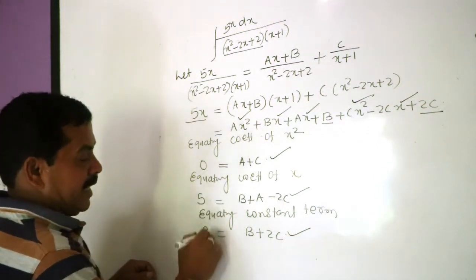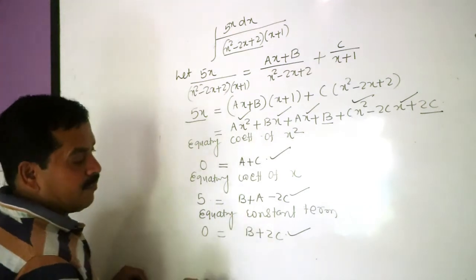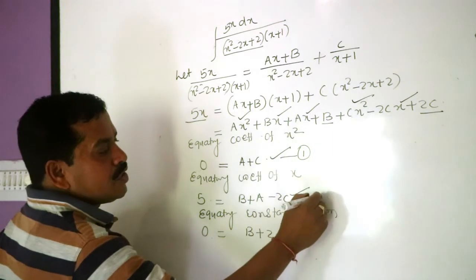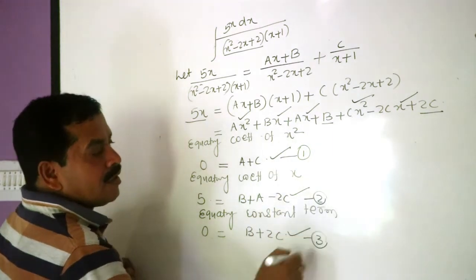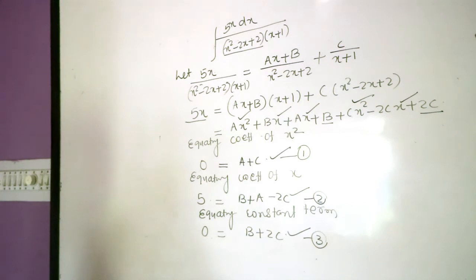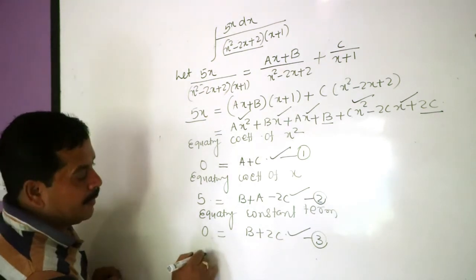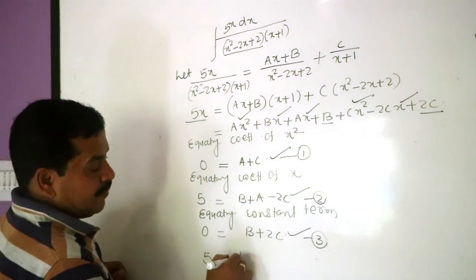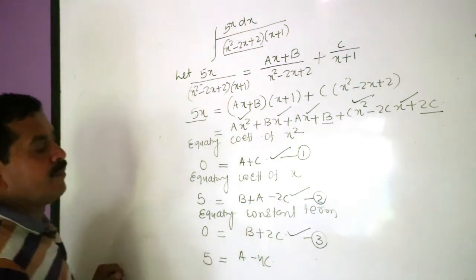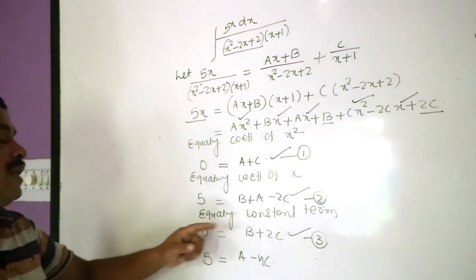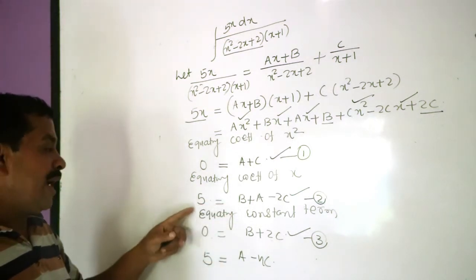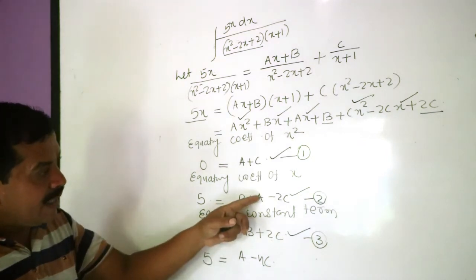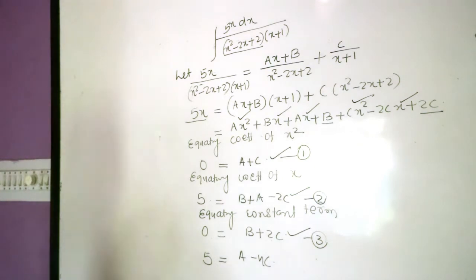This is equation 1, this is 2, this is 3. Subtracting 2 and 3, we have 5 minus 0 is 5. Cancelling b, we have a minus 4c equals 5.